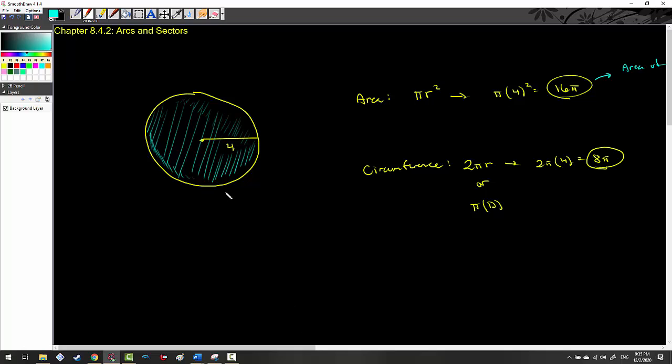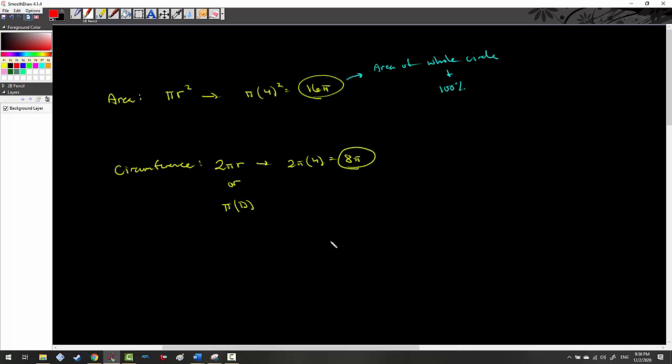Same thing can be said about circumference. I'll go ahead and highlight this in ketchup actually. If I do the circumference, this 8 pi that I found is the circumference of the whole circle, right? Just like the area was the area of the whole circle. So why would the circumference be any different than that?